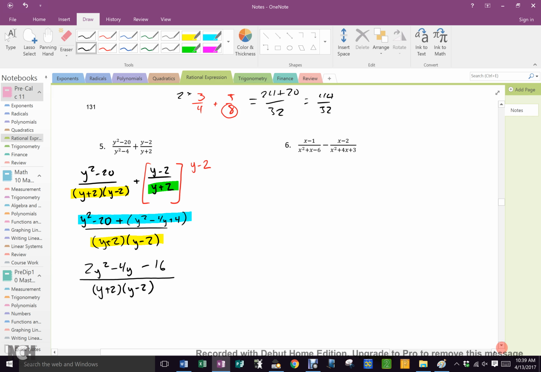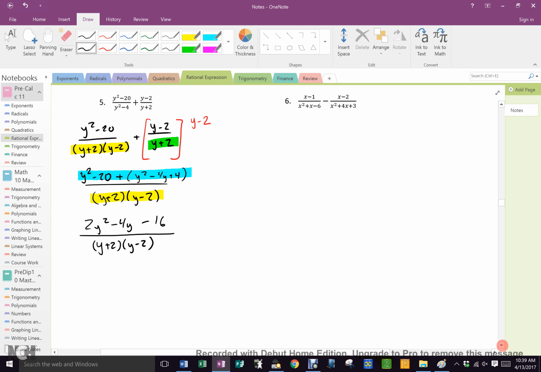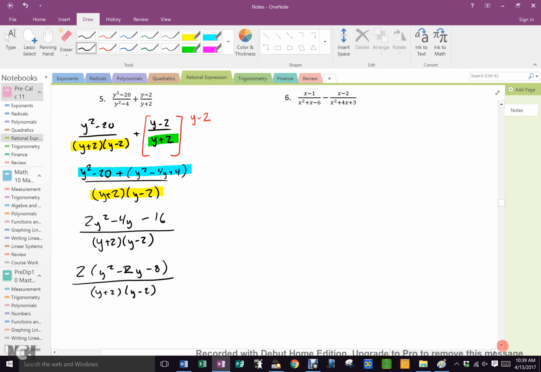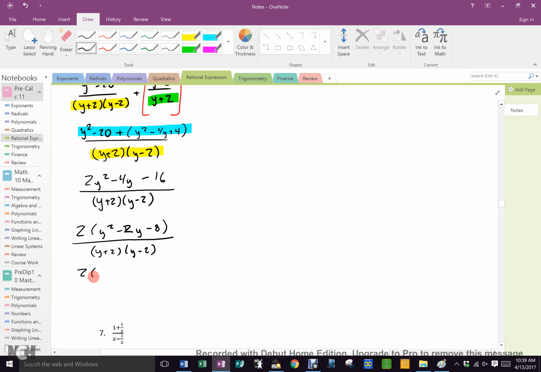So what should we do here? Simplify. How do we simplify in grade 11? Factor, factor, factor. What's coming out of there? 2. Y squared minus 2y minus 8 over y plus 2, y minus 2. Now what? Factor again. 2.